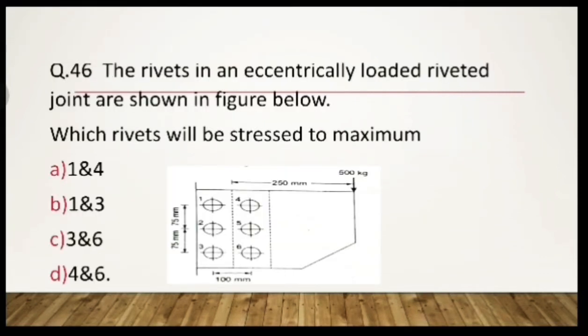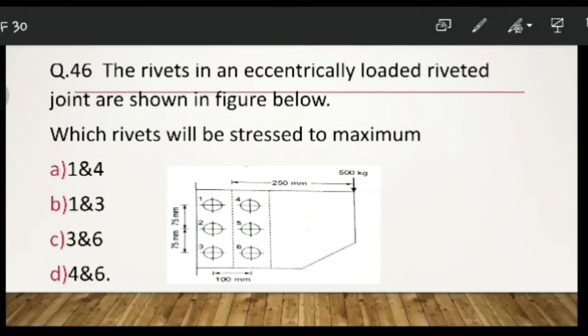Next question, question number 46. The rivets in an eccentrically loaded riveted joint are shown in figure. Which rivets are stressed maximum? So friends, given that 500 kg load and 6 rivets, this is an eccentric type load, so which rivet will carry maximum load or maximum stress?